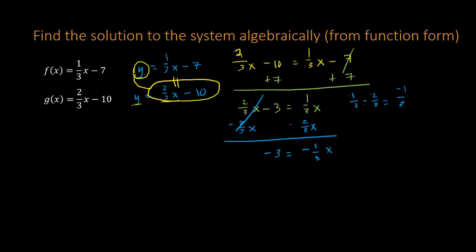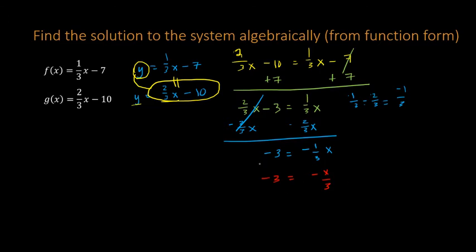And then finally, I can isolate x. I'll divide both sides of my equation by negative 1/3, or you can think of it as negative 3 equals negative x over 3. I could rewrite this as this, right? And this is an equivalent expression.